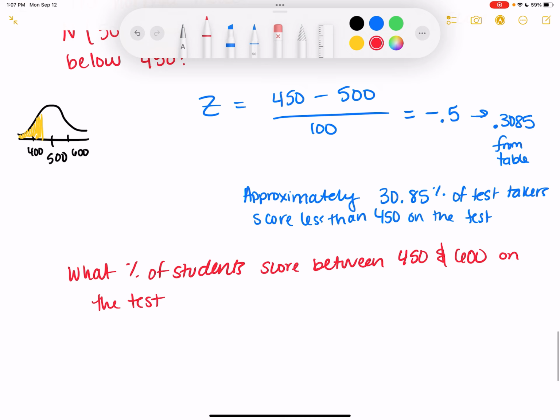Then in this situation, when we look at our little curve, now we're looking at this area from 450 to 600. So we're looking at the center part of it.